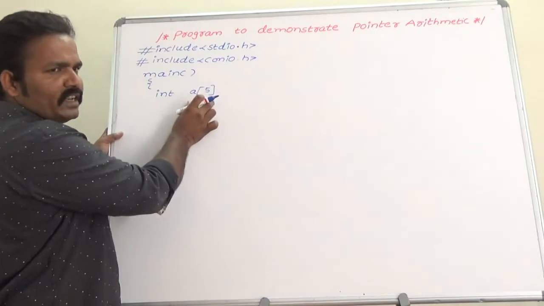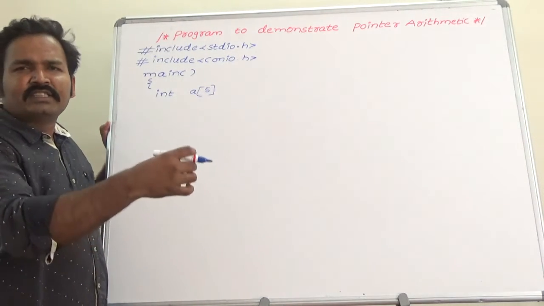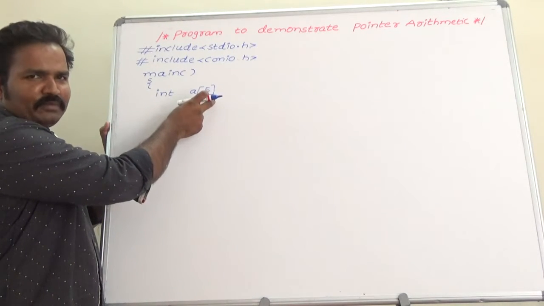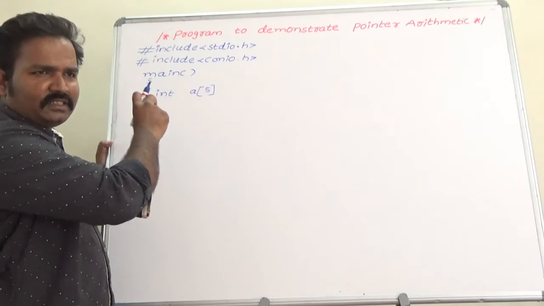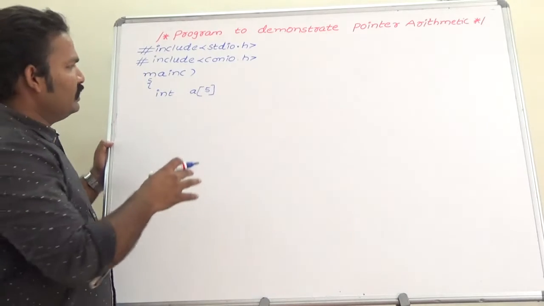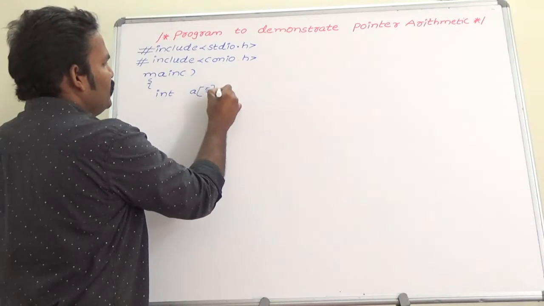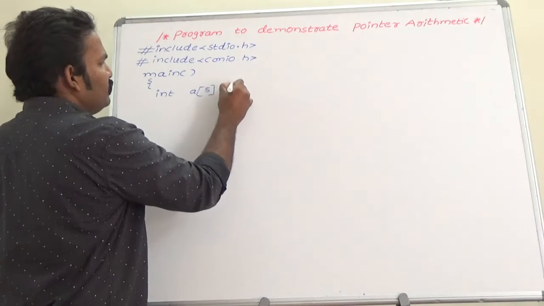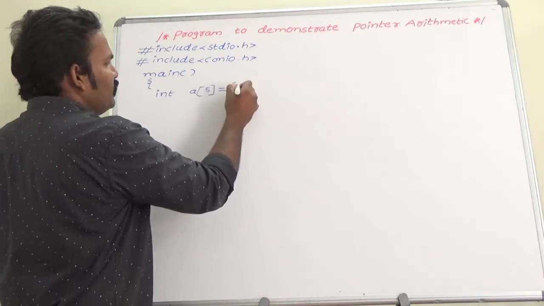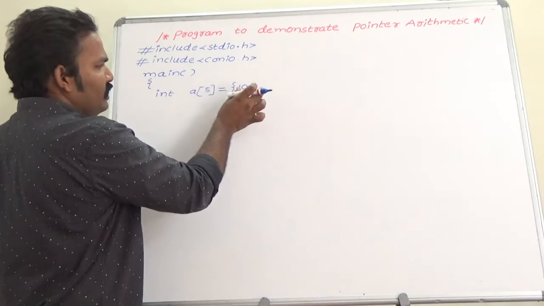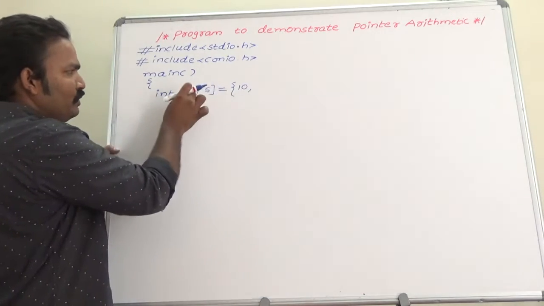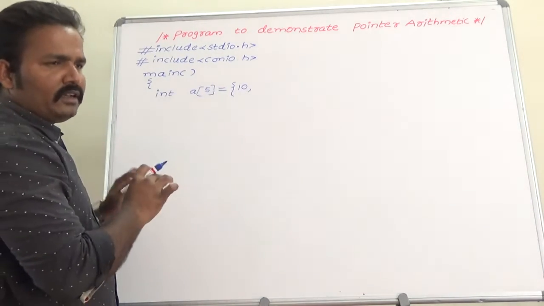So this is a single dimensional array. What is a single dimensional array? A single dimensional array is an array that can be given one variable name and one subscript value. A single dimensional array can represent either a row or a column. Here I am initializing the single dimensional array. a of 5 is equal to, here I am assigning elements to the array at programming time.